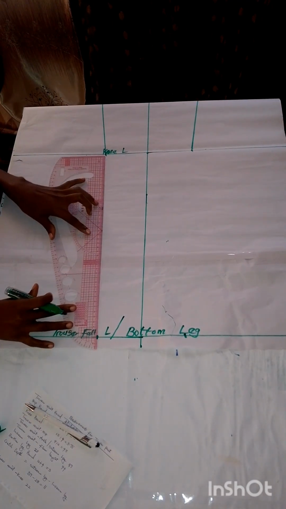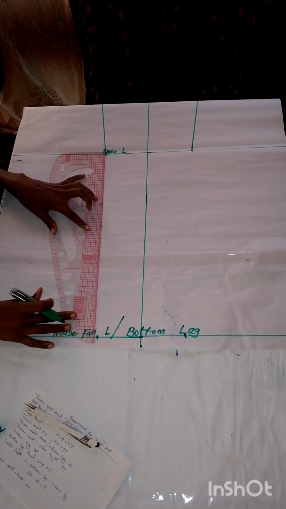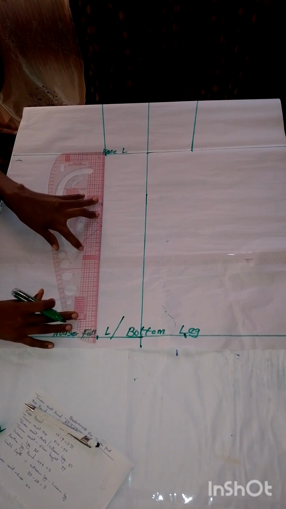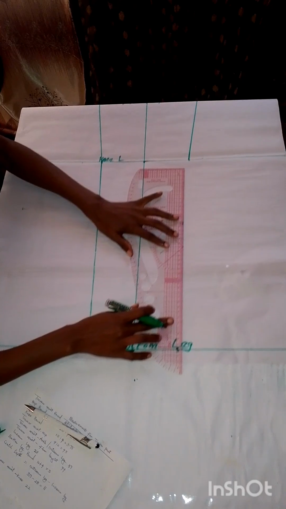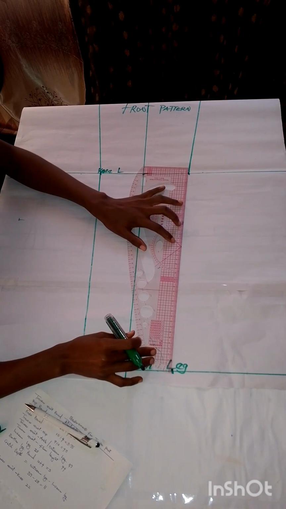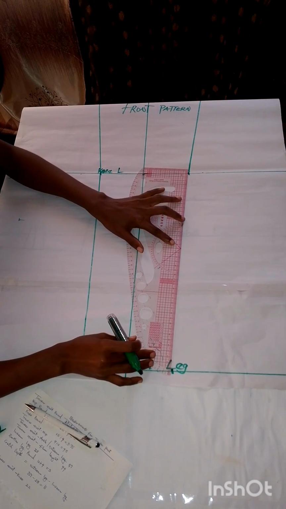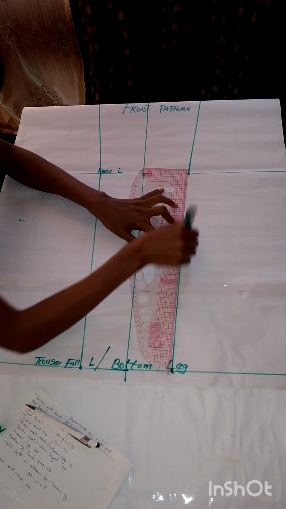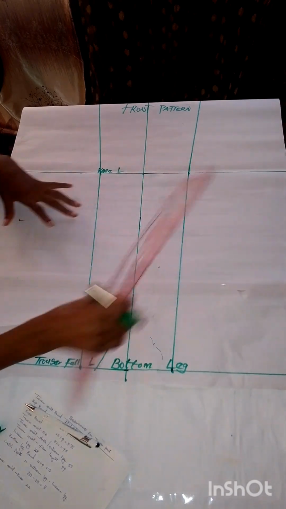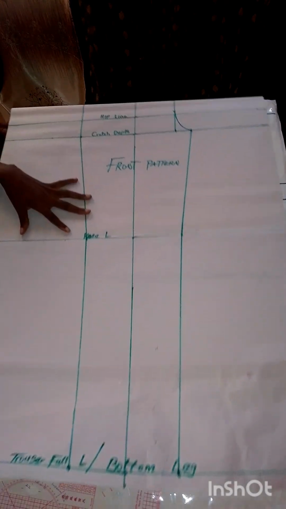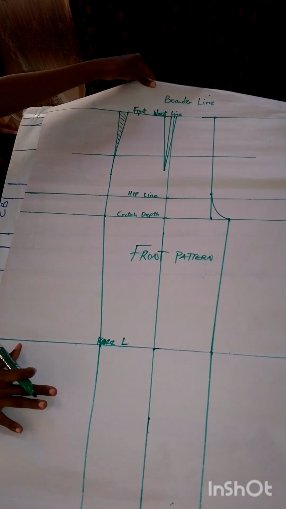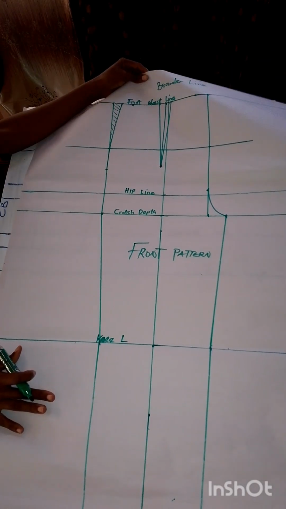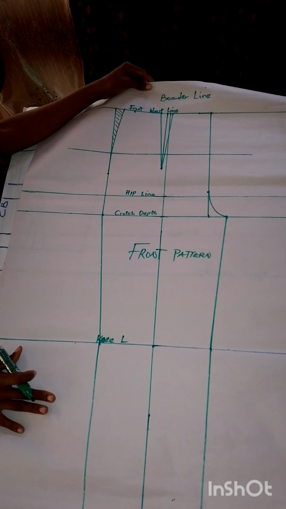Then we are going to connect like so. So this is the end of the trouser for the front pattern.